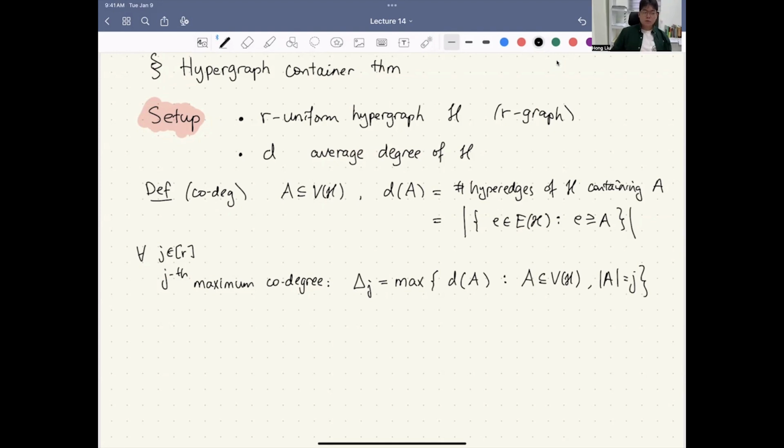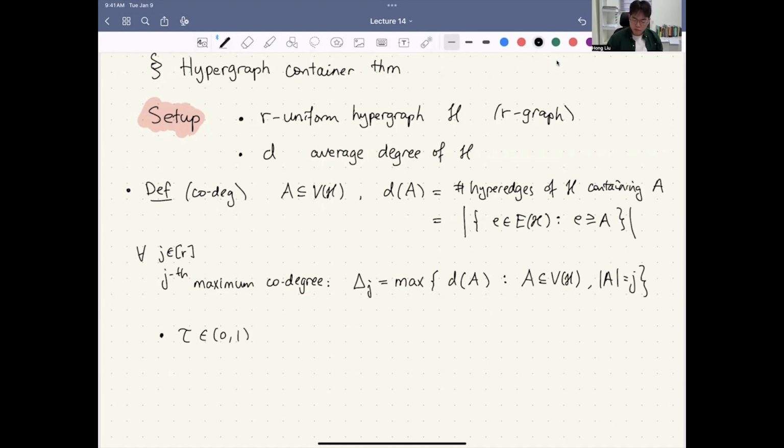Now, one more step. Take a parameter tau, which lies between 0 and 1.